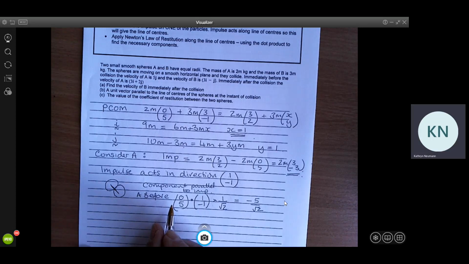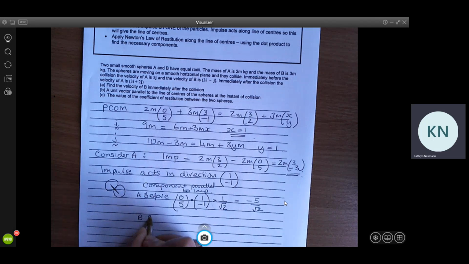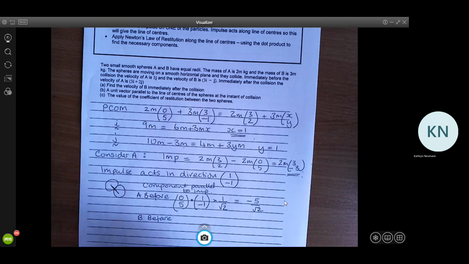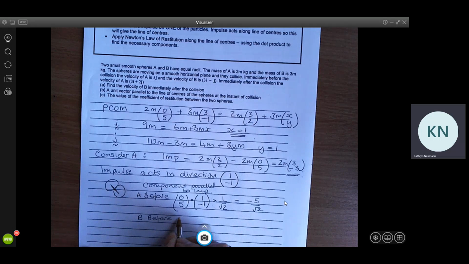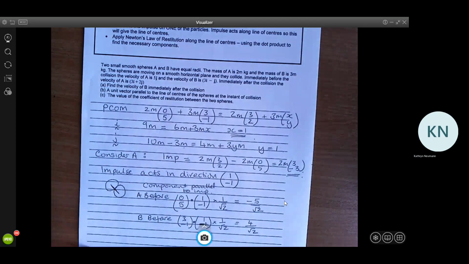We now need to have a look at the component of B before. So the component of B before is going to be (3, -1) dot (1, -1) times 1 over √2, and that gives you 4 over √2.